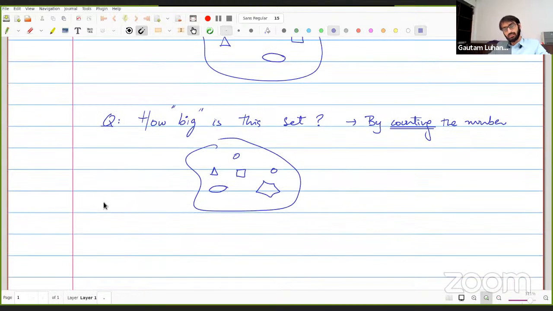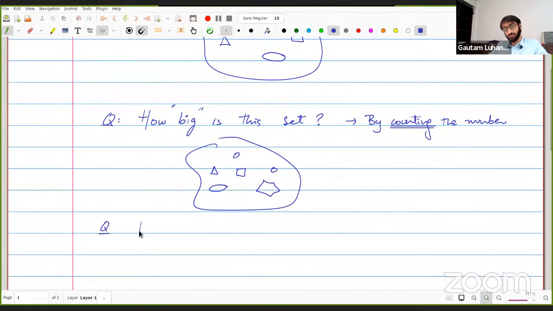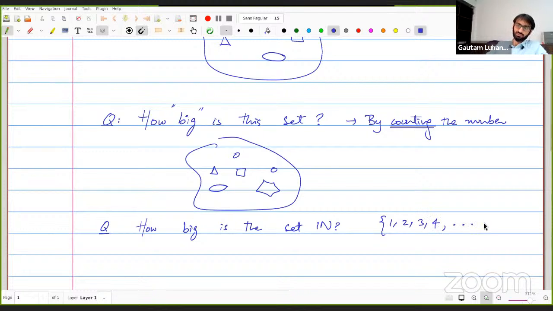And then I move on from that idea and I ask you, how big is the set N, which is basically just the set of natural numbers, 1, 2, 3, 4, and so on? This is one representation of the set of natural numbers. And assuming that we can construct such a set using some axiom, how would you tell me how big this set is?